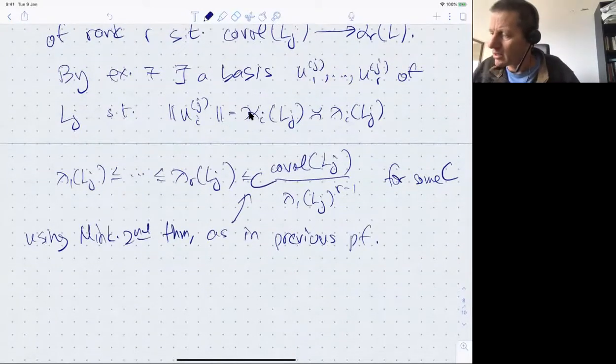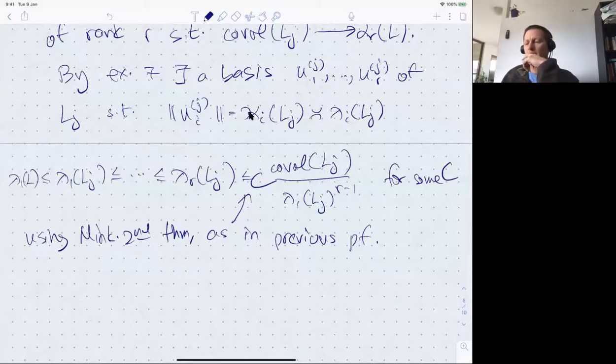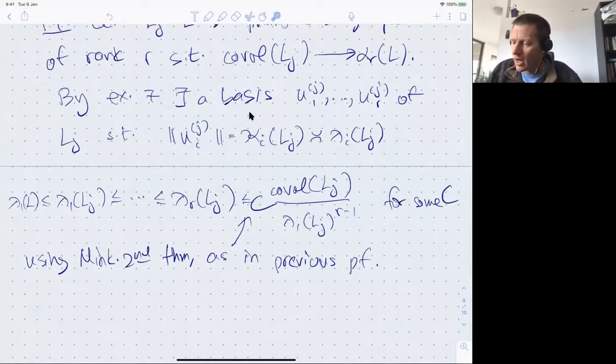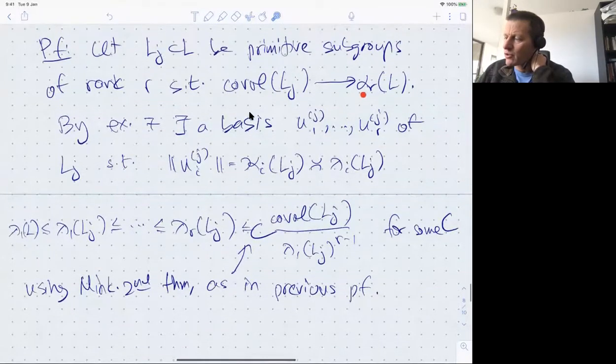All of these lattices live inside L. These are not lattices, in fact, these are just rank R subgroups, and they live inside a fixed lattice L. So all of these numbers are bounded below by a fixed positive number, which is the shortest non-zero vector of L. And these lengths are bounded above by this number, which is bounded independently of j because this is a constant, and this tends to alpha R. So that's also bounded.